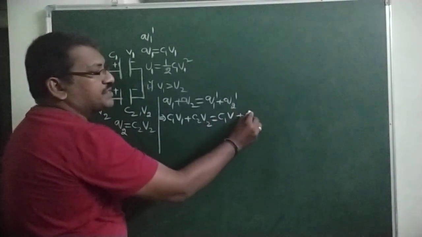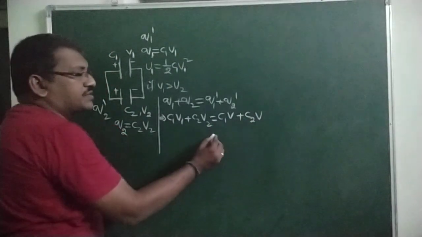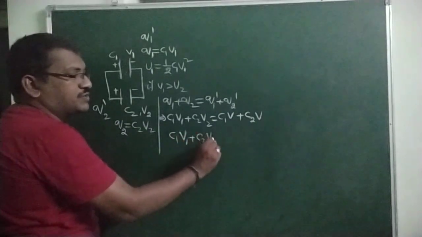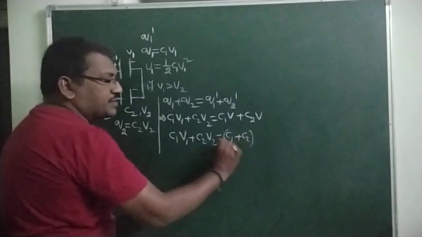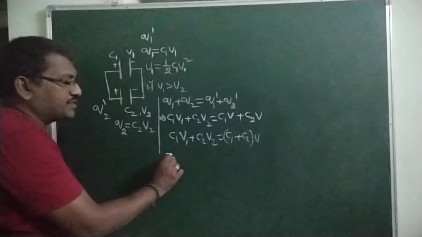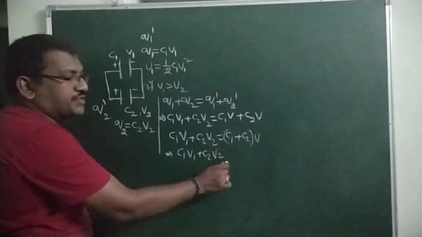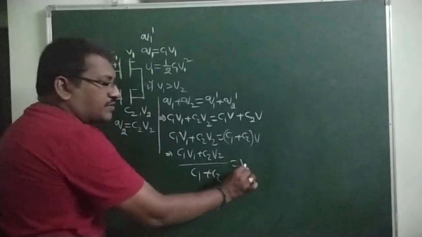So Q2 dash we can write as C2 V. So from this, C1 V1 plus C2 V2 is equal to C1 plus C2 into V. So from this you get V equal to C1 V1 plus C2 V2 divided by C1 plus C2.